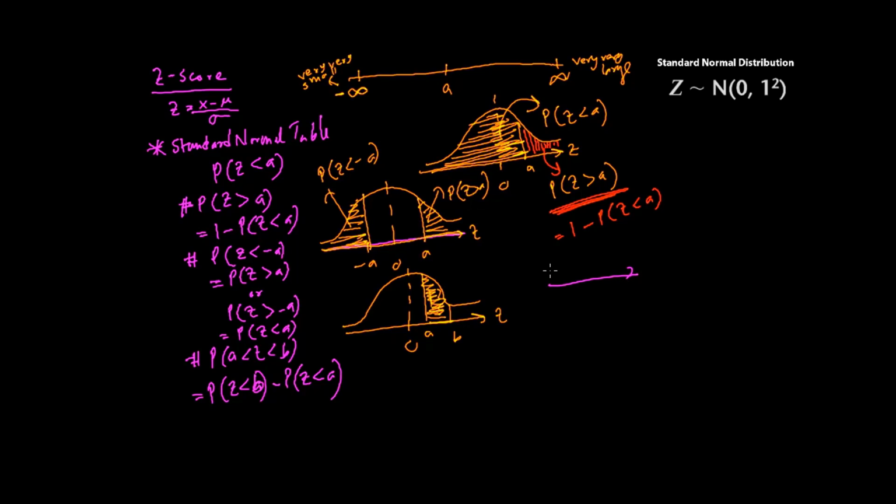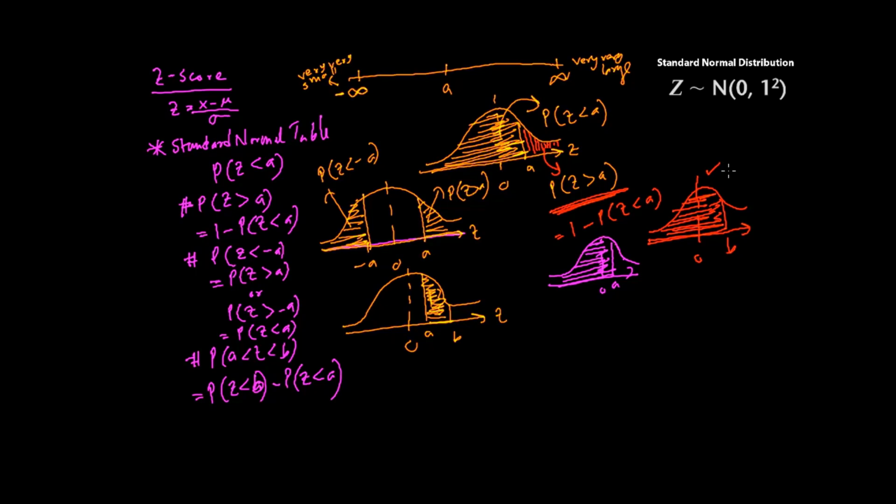Probability of z is less than a is this. Now probability of z is less than b is this. Just by the concept of area in geometry, this is the larger area and this is the smaller area.